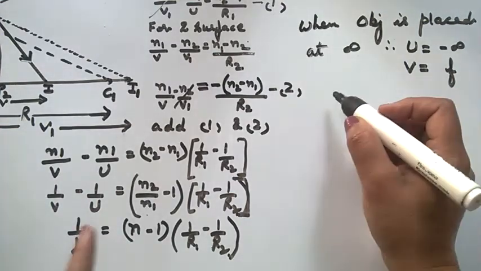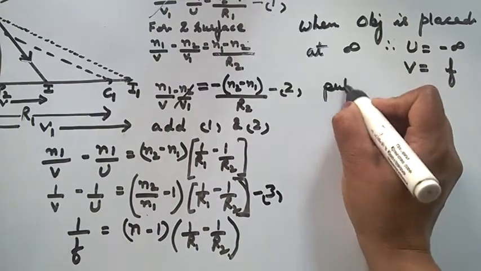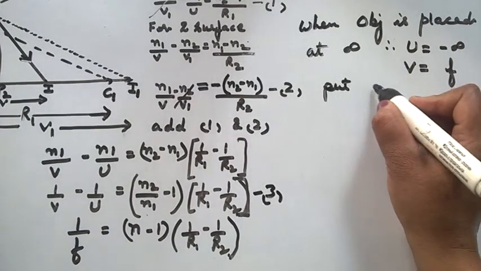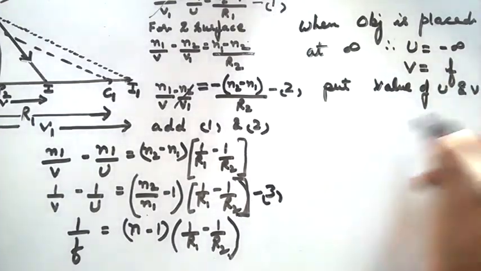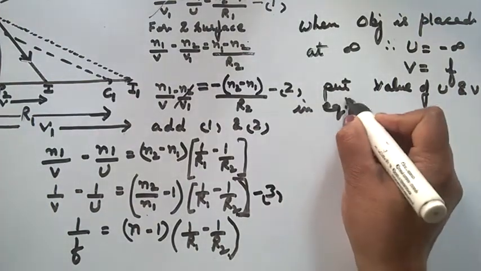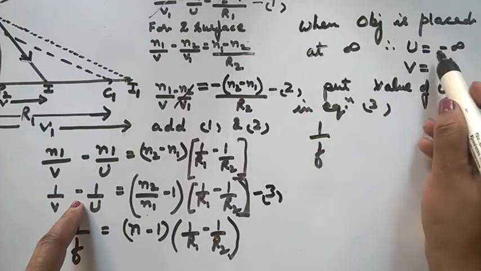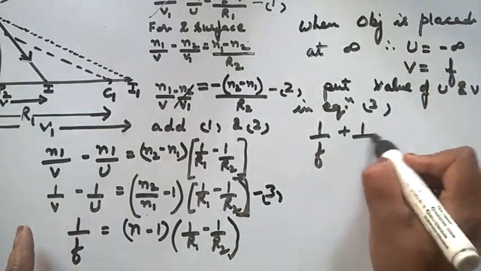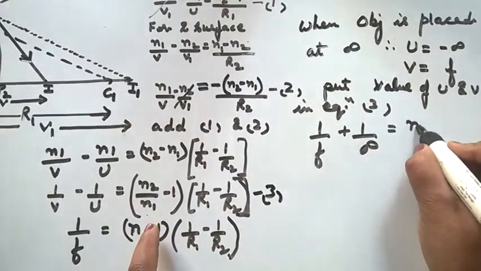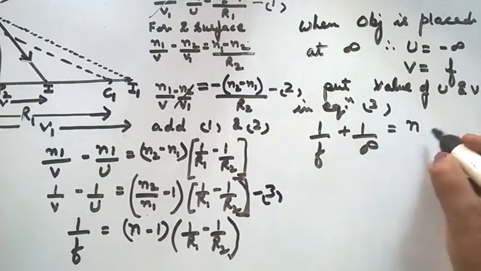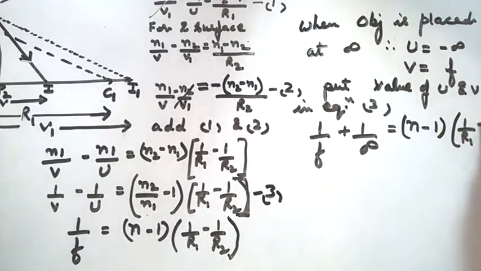So therefore, on substituting the values of u and v in equation 3, we get 1 by v, that is 1 by f, minus, and here it is also minus, so it will become plus 1 upon infinity, equal to n2 upon n1, the refractive index of the lens with respect to air, that is n minus 1, into 1 upon r1 minus 1 upon r2.